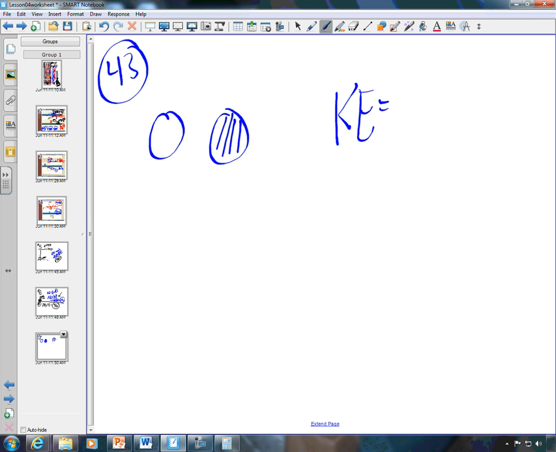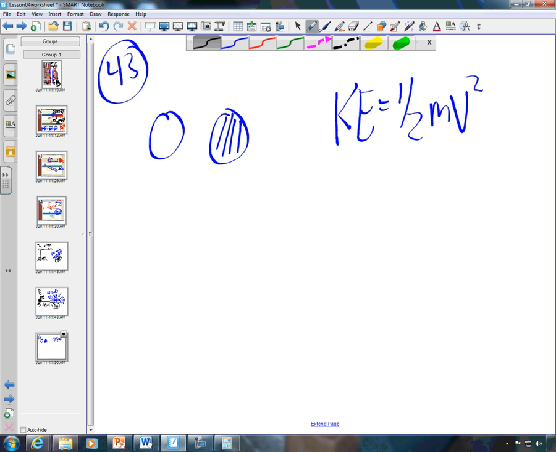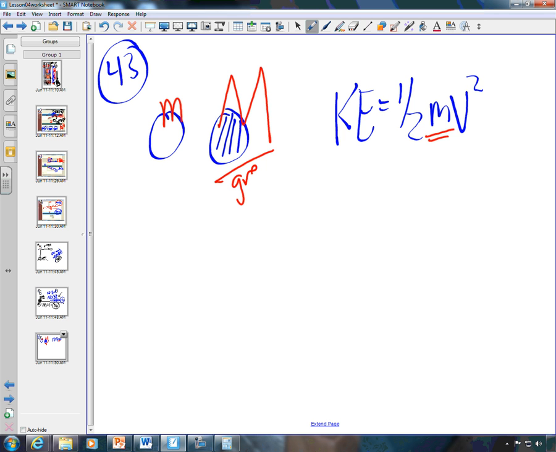If they're moving at the same speed, remember kinetic energy is 1/2 mv squared. Then we have to compare the masses to see if there's a difference. Well, the golf ball has a big mass, and the ping pong ball has a small mass. So the kinetic energy of the golf ball would be greater, all speeds being equal.